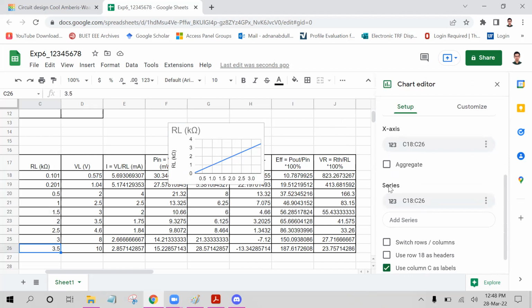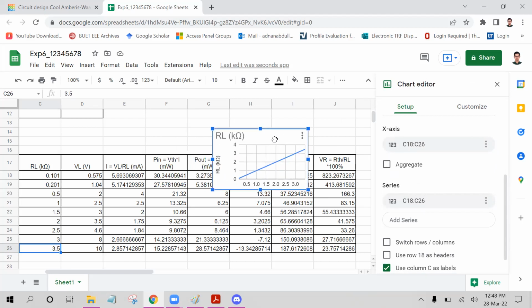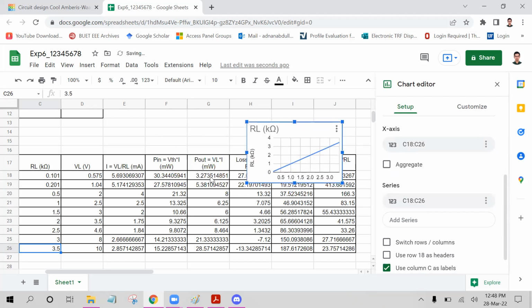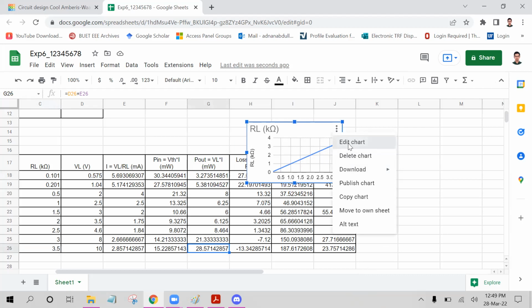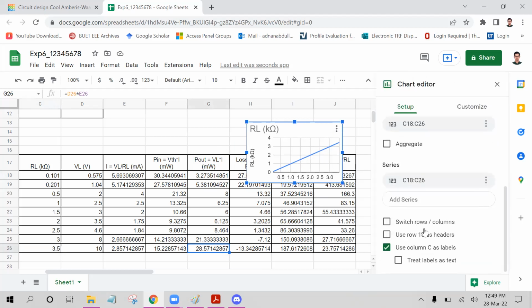Now what should we plot in y-axis? I want to plot the output power in y-axis. Okay, so where is my output power? Look, my output power is from G18 number cell all the way up to G26 number cell. So I am going to add it. Add series. Series means the y-axis graph.